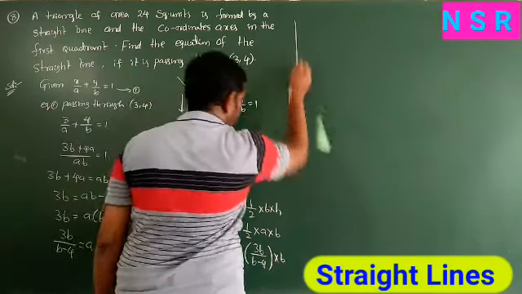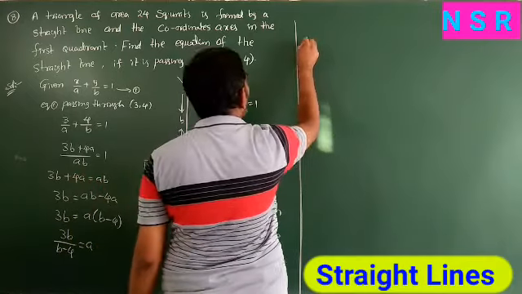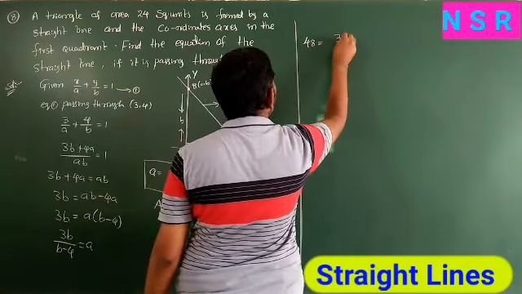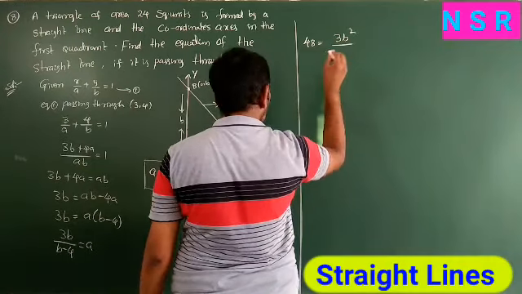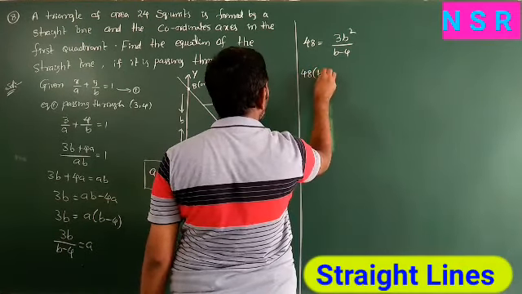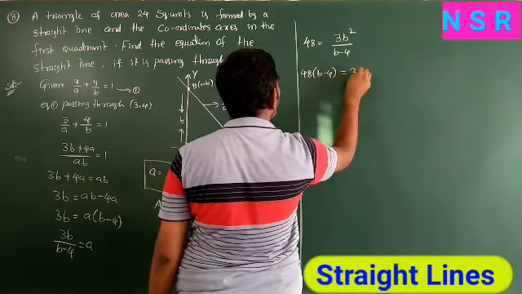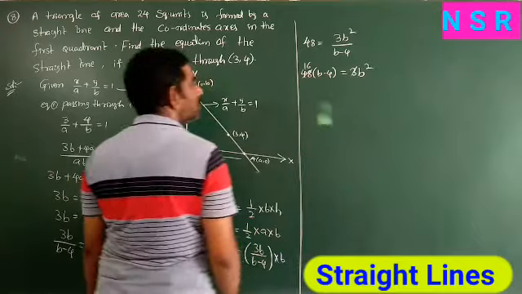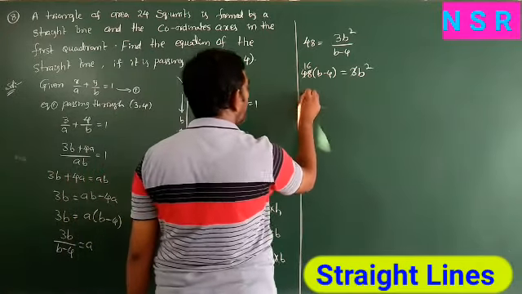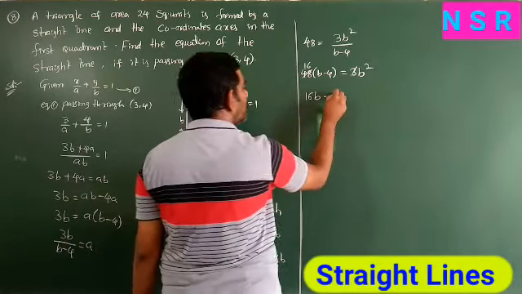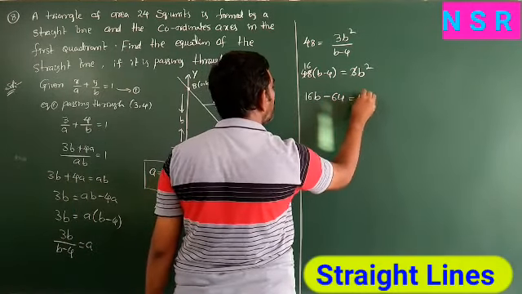So 48 equals 3b square by b minus 4. Multiplying by b minus 4, 48 into (b minus 4) equals 3b square. Dividing by 3, 16 into (b minus 4) equals b square, so 16b minus 64 equals b square.